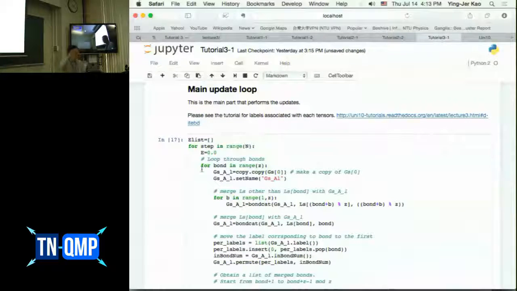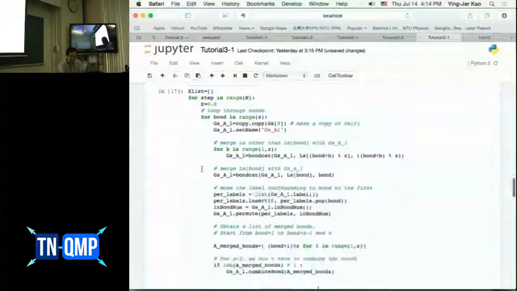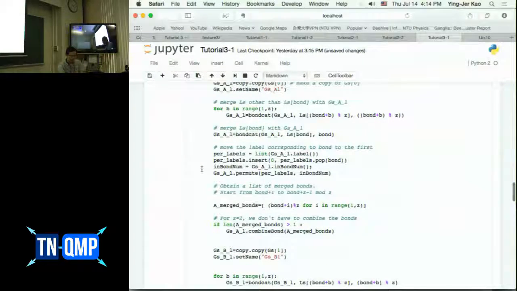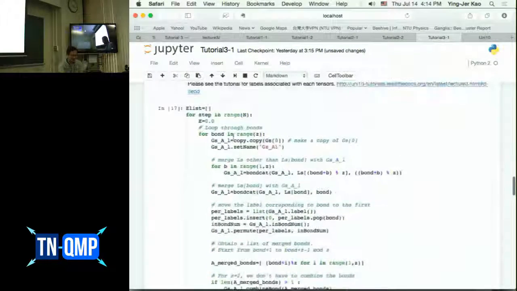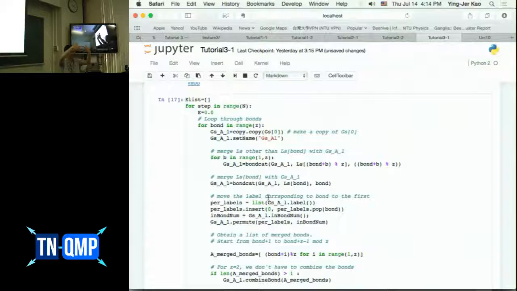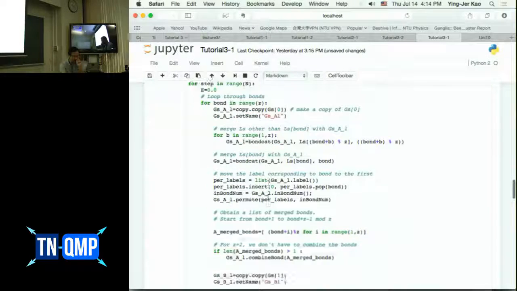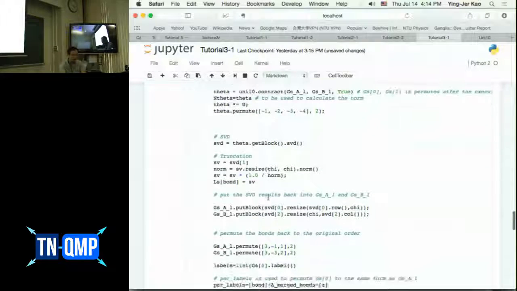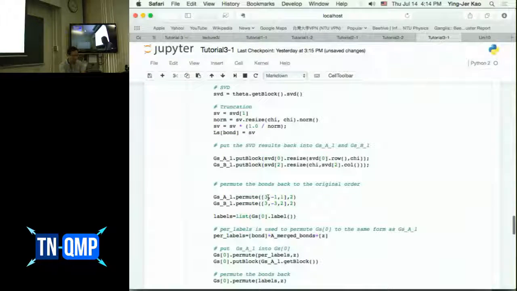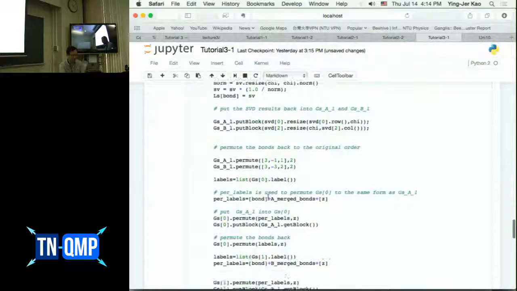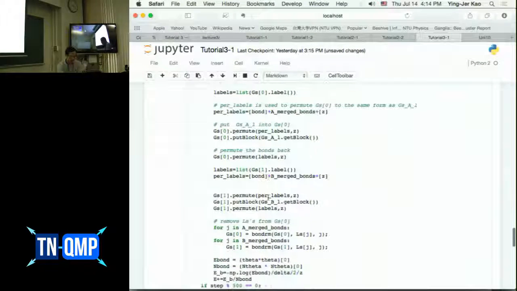You can look at the code and match it with the labels in the tutorial, and you can understand how it works. Basically this is the subroutine. This is the main function. It does this thing, and then as usual does SVD, and you have to permute your labels so that you can go into the next cycle.